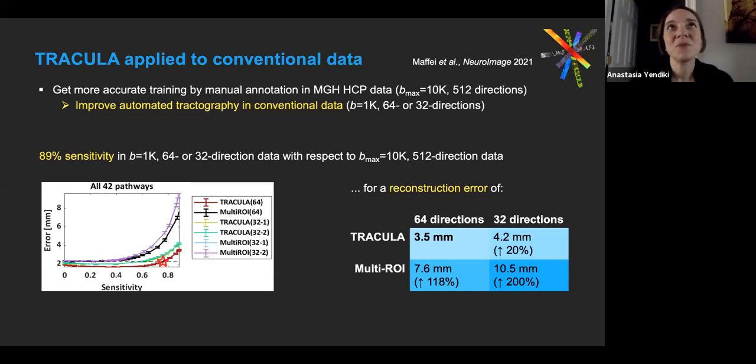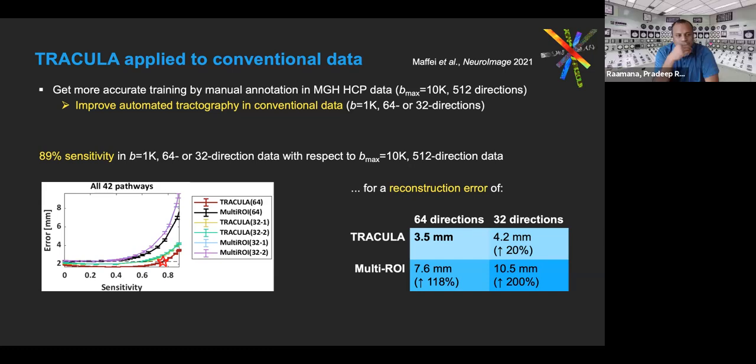Yeah, so that is the rate of true positives. So voxels that are in the automated reconstruction in the B equals 1,000 data that are also in the manually annotated label of the same tract in the B equals 10,000 data. So it's a measure of the coverage of the ground truth tract from the high quality data when you use the low quality data for automated reconstruction, if that makes sense.